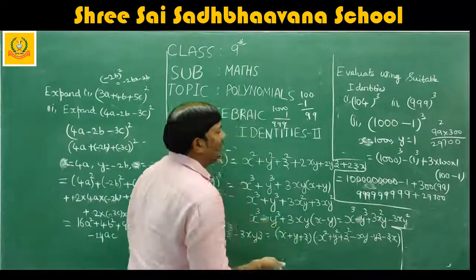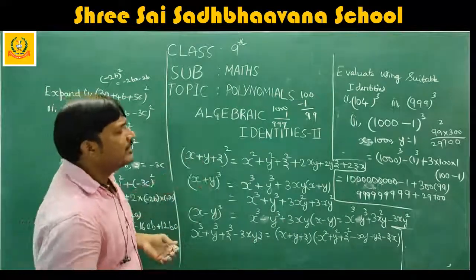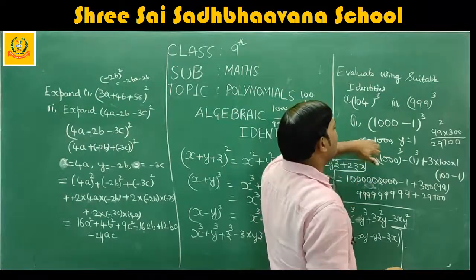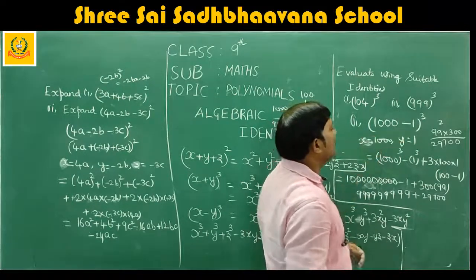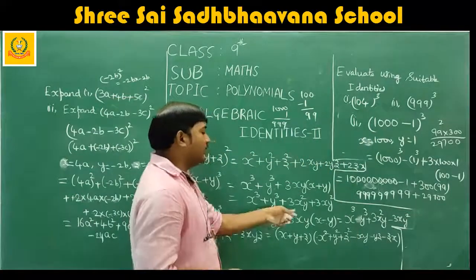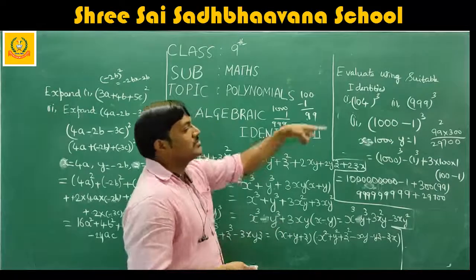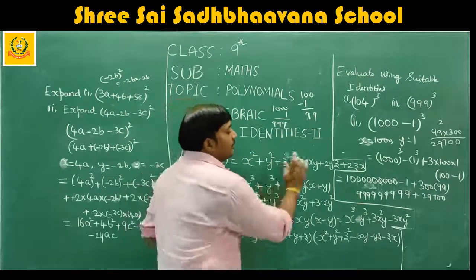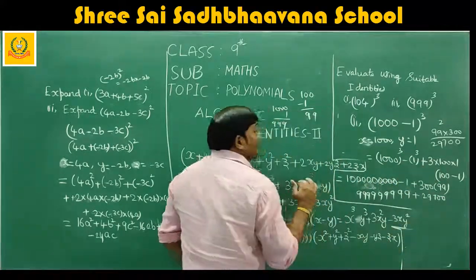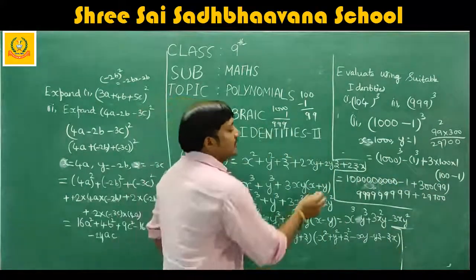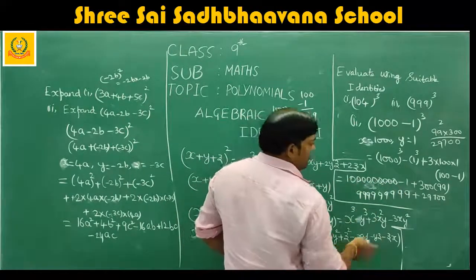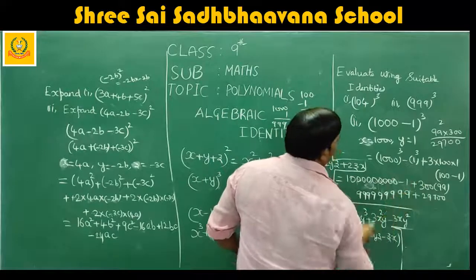I'll just explain this once again. 999 whole cube can be written as 1000 minus 1 whole cube, and 1000 you take as x and y you take as 1, which resembles the x minus y whole cube formula, x cube minus y cube plus 3xy into x minus y. Just substitute there. 1000 cube is nothing but, see, 3 times, 2 pairs you have to solve, minus 1, and 3 into 1000, 300 into 99.